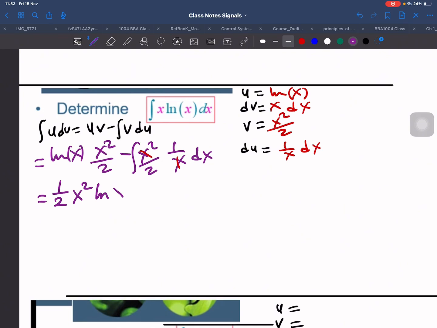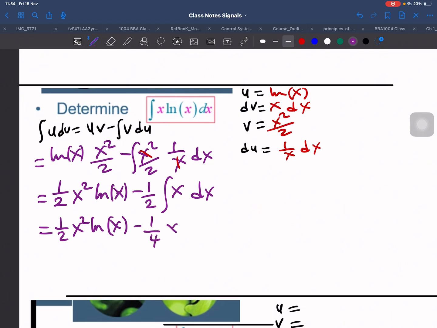ln x minus the integral of 1 over 2 x dx. So we now have 1 over 2 x squared ln x minus 1 over 4 x squared plus c.